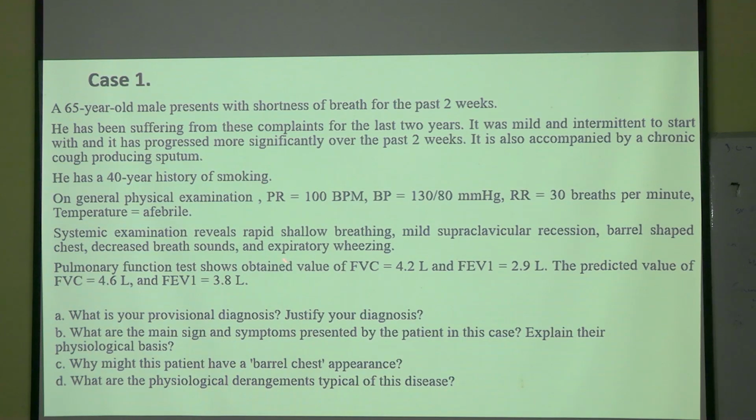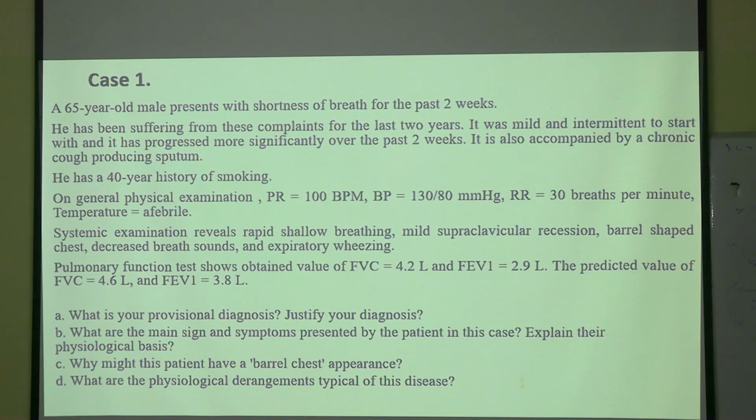Pulmonary function test shows an obtained forced vital capacity of 4.2 liters. Forced expiratory volume in the first second is 2.9 liters. The predicted values of FVC is 4.6 liters and FEV1 is 3.8 liters.